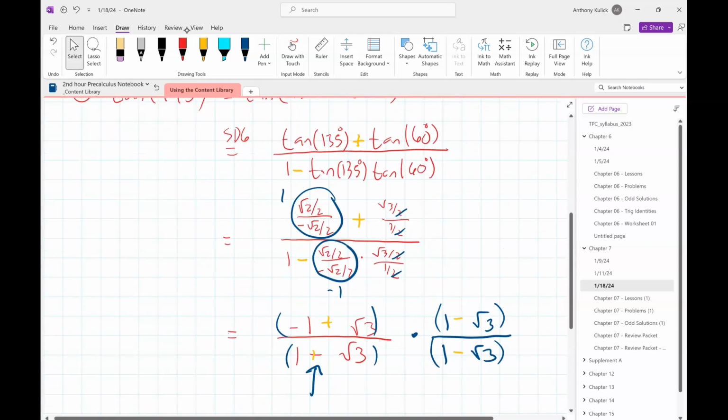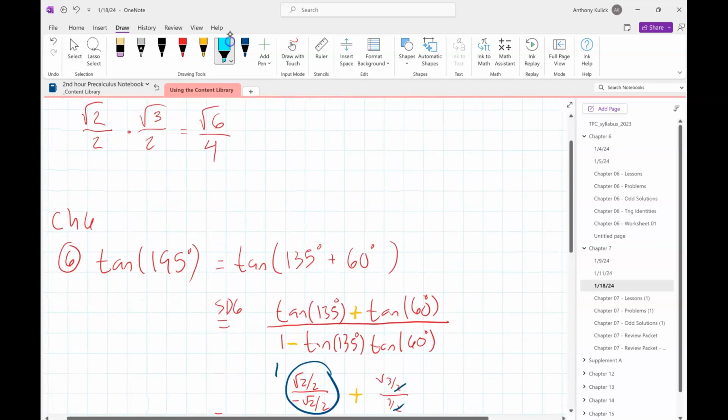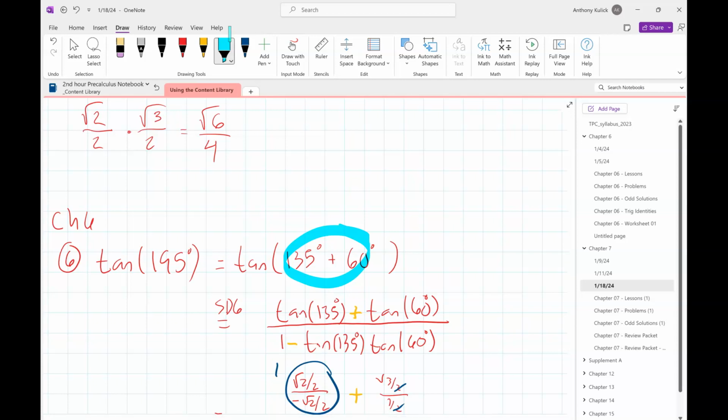And just for the record here, again, Joey picked 135 plus 60. That was not the only possible option. You could have done 140, or you could have done 150 plus 45. You could have done 225 minus 30, right?